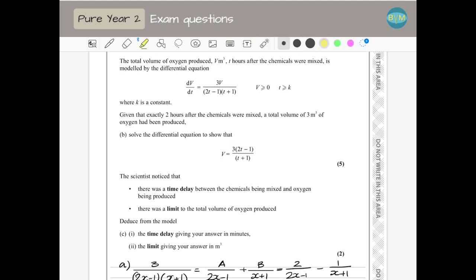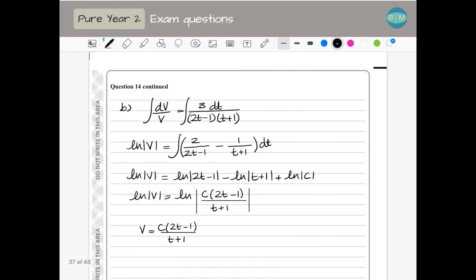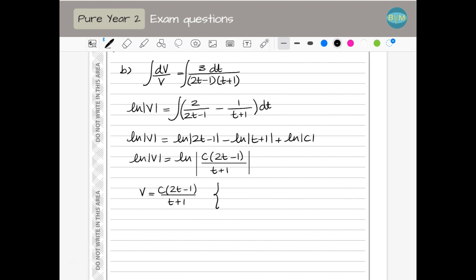And to find c, I have to find in my question something that is telling me some values, like this one. It says 2 hours after the chemicals were mixed, a total volume of 3 cubic meters has been produced. So when t is 2 hours, the volume is 3 cubic meters.